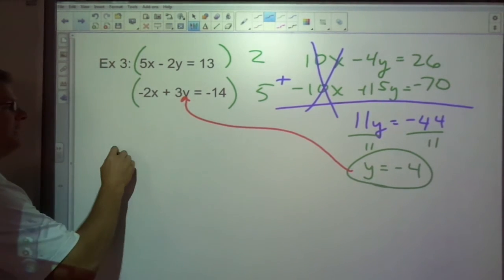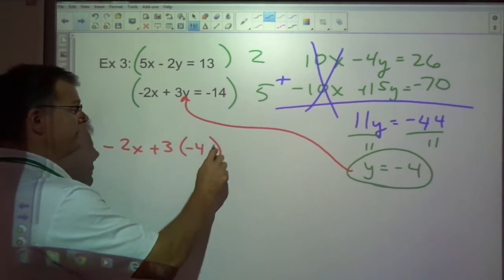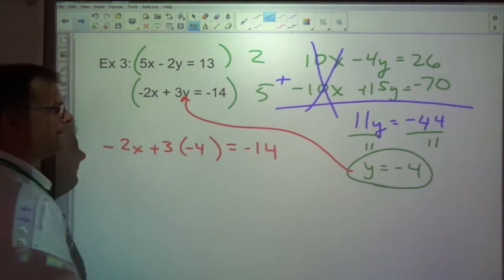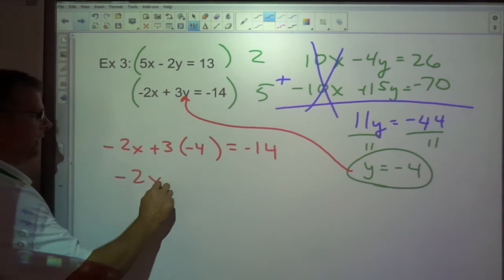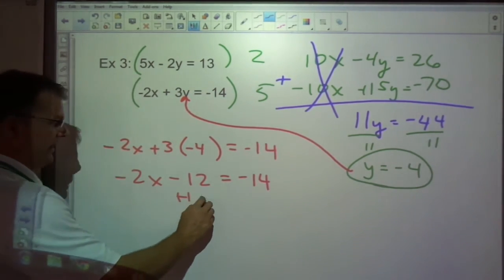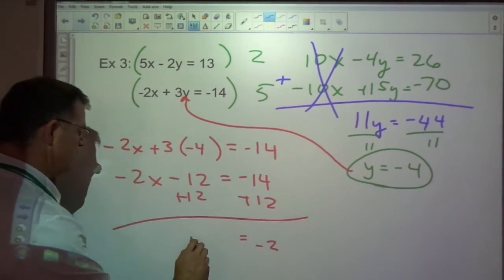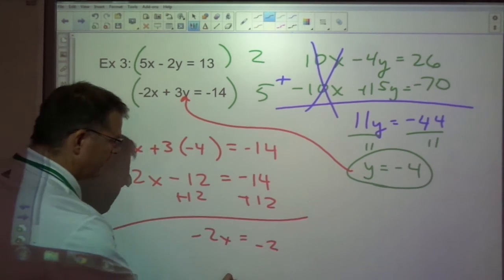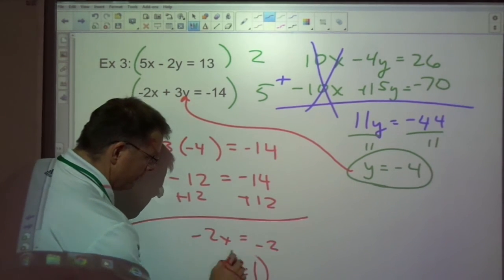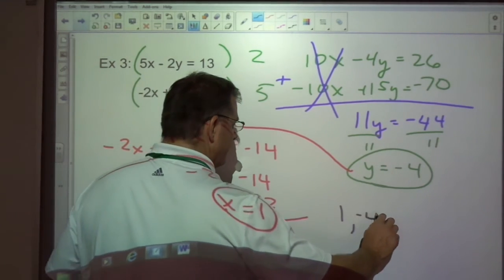Let's go there. -2x plus 3 times what y is, which we know now is -4. So this is -2x minus 12 equals -14. Let's add the 12. -2x, x equals 1. So my answer now is 1, -4.